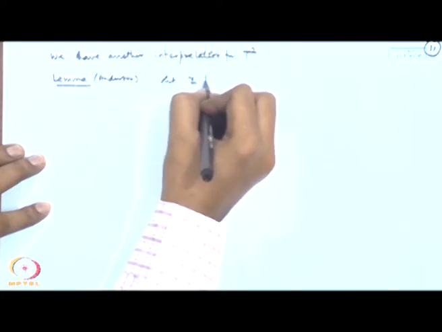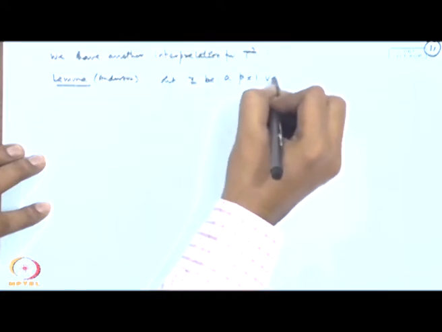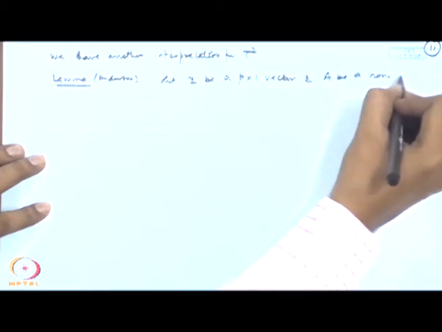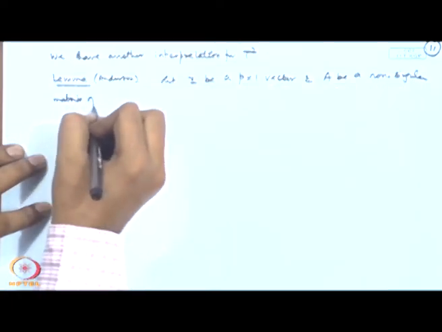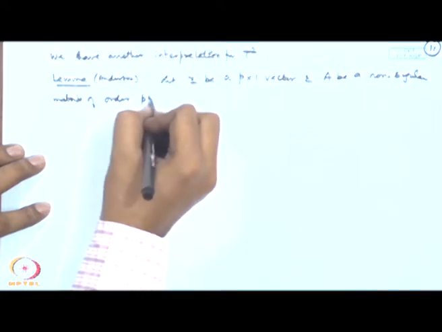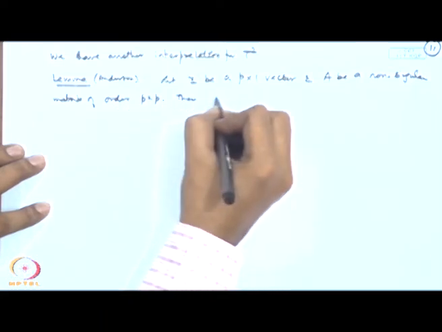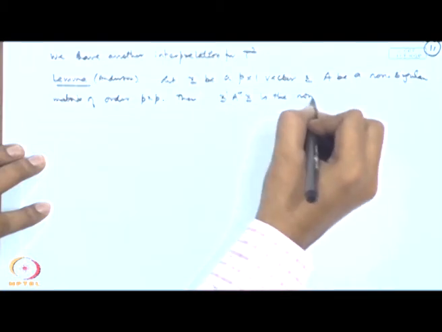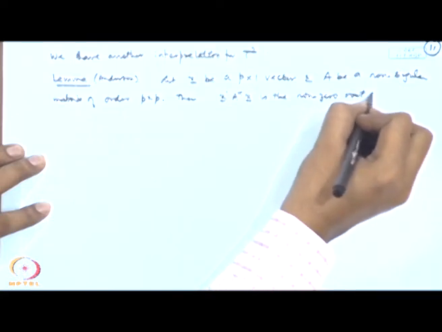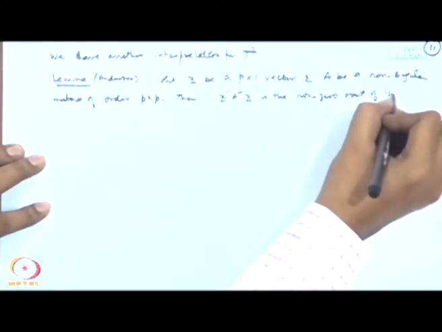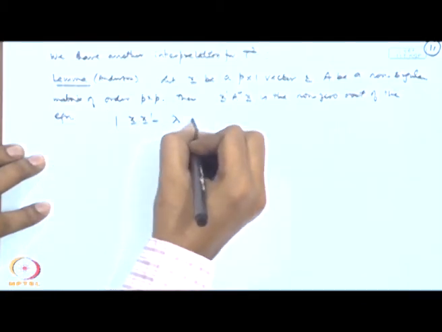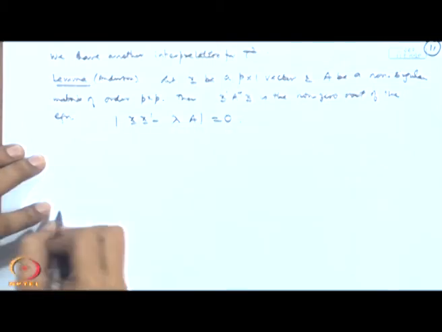Let x be a p by 1 vector and A be a non-singular matrix of order p by p, then x prime A inverse x is the non-zero root of the equation determinant of (x x prime minus lambda A) is equal to 0.